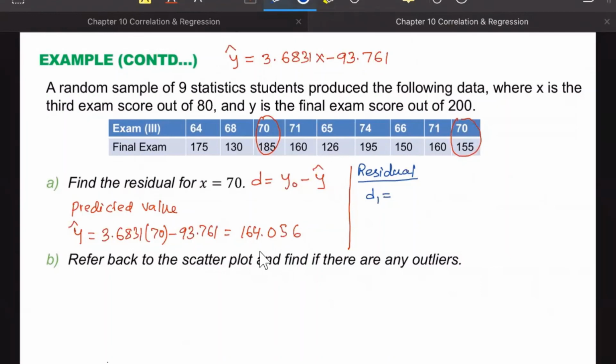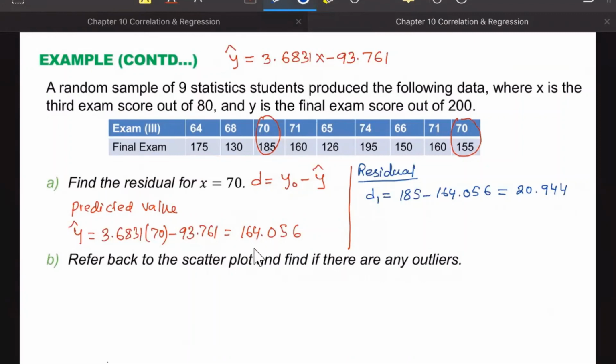So the observed value is 185 minus the predicted value 164.056. What did you get? 20.944. That is the difference between the observed value and the predicted value.